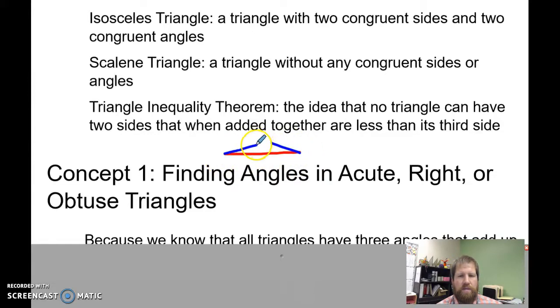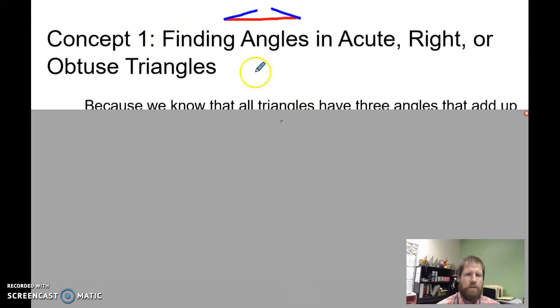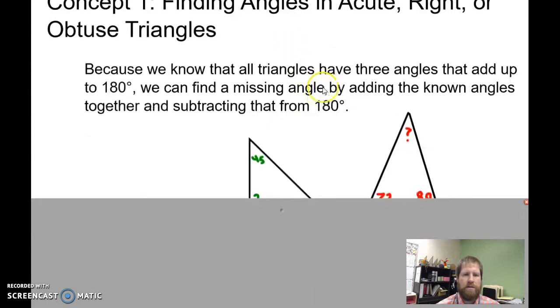So that would not be a triangle. All right, that's the triangle inequality theorem. You should always have your two smallest sides able to add up together and be more than your third side.